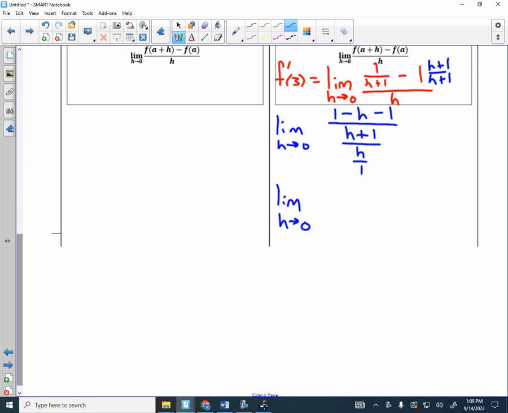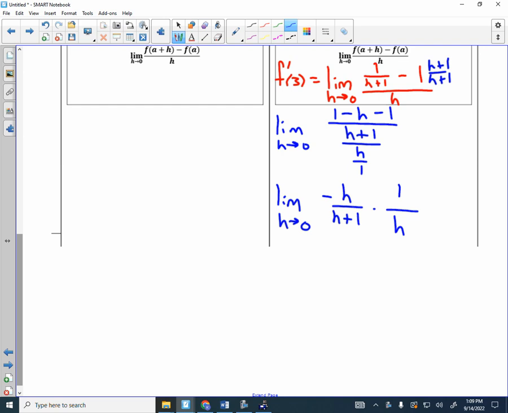I prefer that you actually write out this next step, because what do you get in the top? Negative H over H plus 1. And instead of dividing by H over 1, I will multiply by the reciprocal. And it's 1 over H.